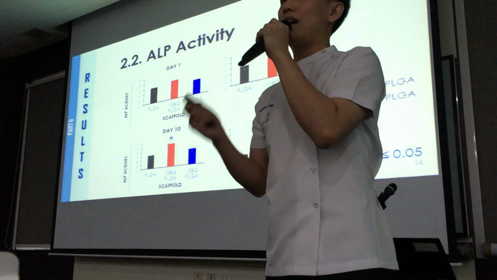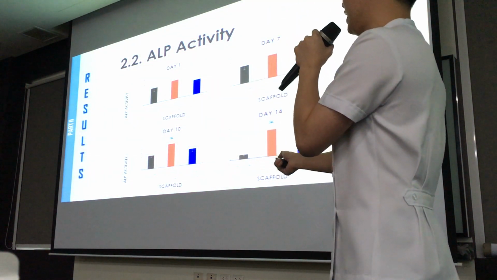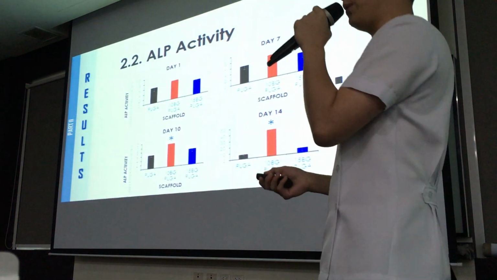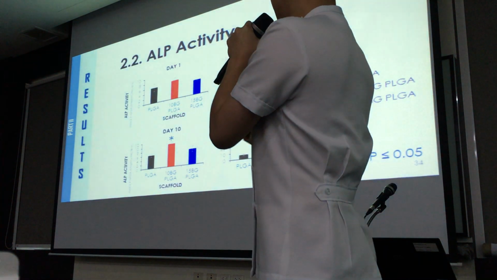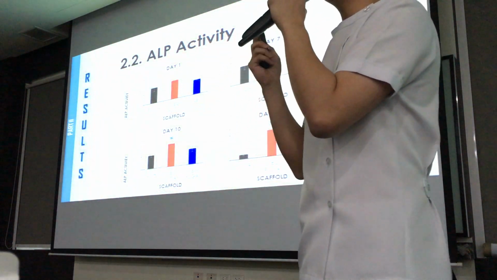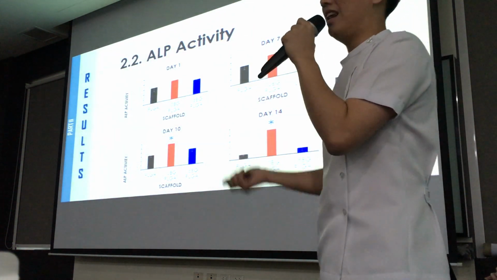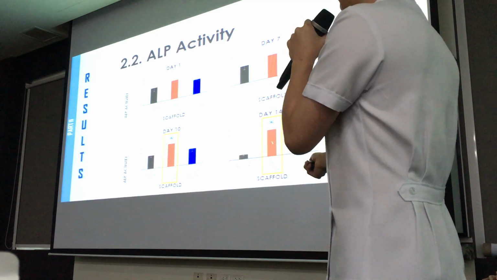Then the graph was constructed for each day, comparing all scaffolds, where the x-axis represents each scaffold and the y-axis represents alkaline phosphatase activity. The result can be interpreted that from day 1 to day 14, SHED cultured in the 10% bioglass PLGA scaffold show higher alkaline phosphatase activity, with significant difference on day 10 and day 14.